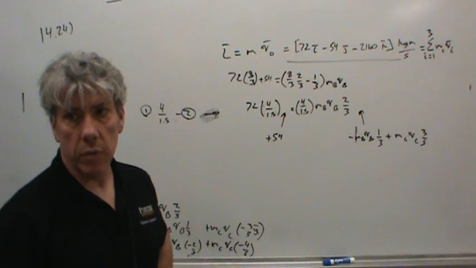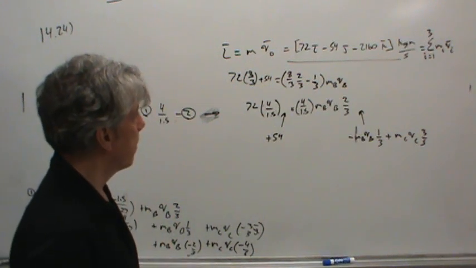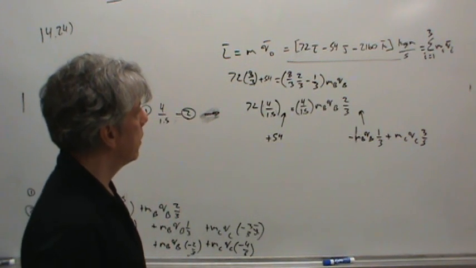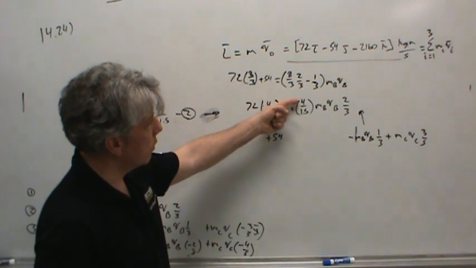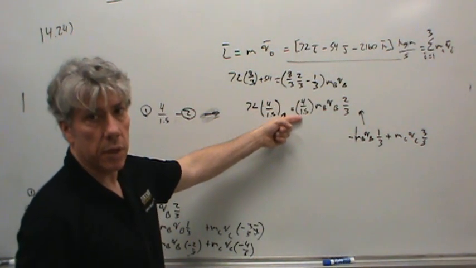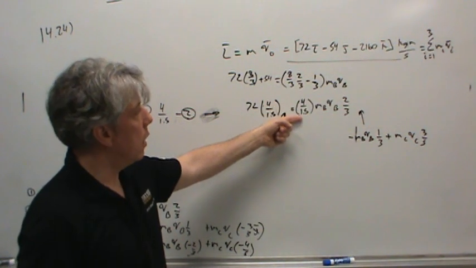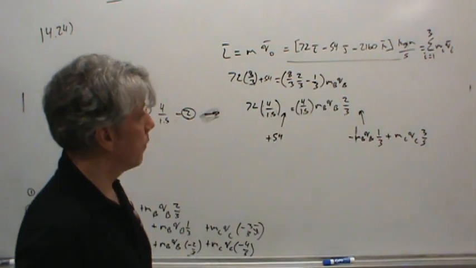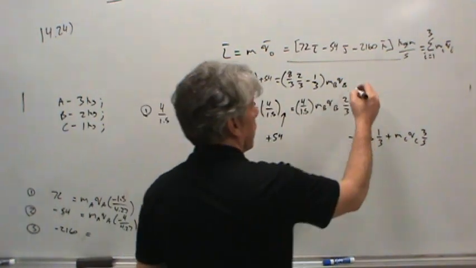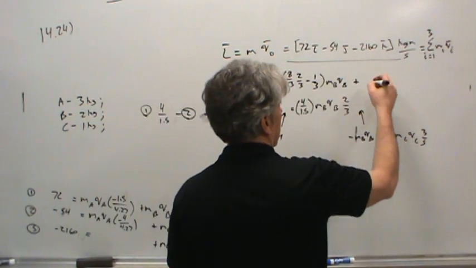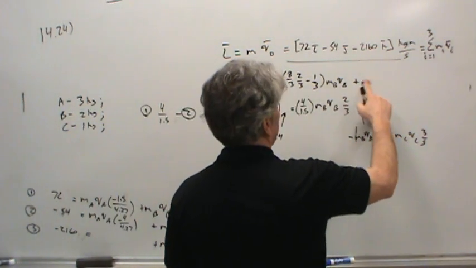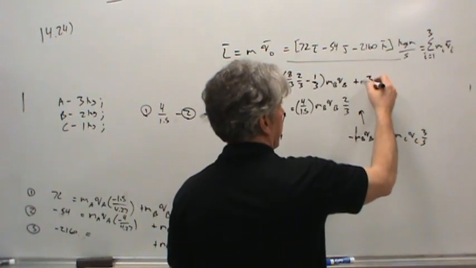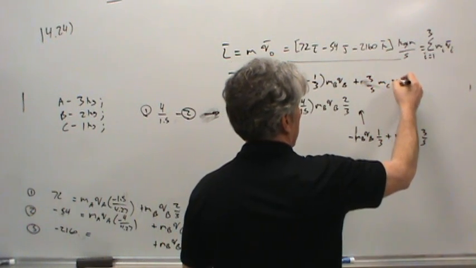If I make a mistake along the way, please catch me on it, okay? Where did the 8/3 times 2/3 come from? 8/3, well, 4 over 1.5 is the same thing as 8 over 3, isn't it? Okay, yeah, gotcha. Times 2/3 is this term over here, so I just put them together. Plus, let me move the factor out front, 3/5 MC VC.